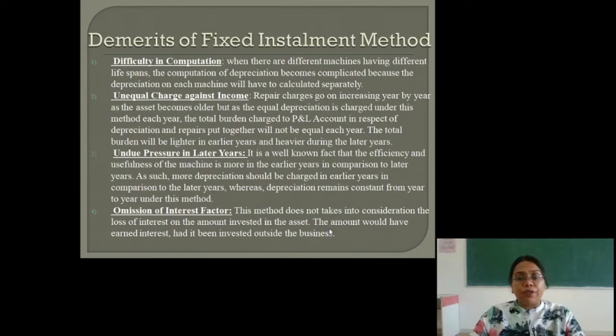Now, the demerits of the fixed installment method. Difficulty in computation. When there are different machines having different lifespans, the computation of depreciation becomes complicated because the depreciation on each machine will have to be calculated separately. So, this is one of the disadvantages of this method. Why?